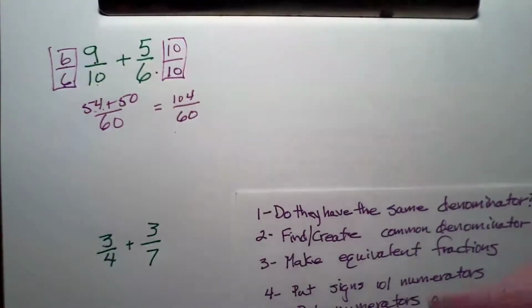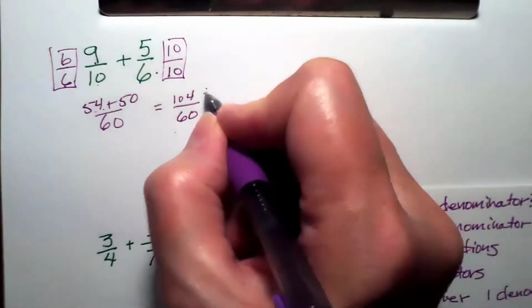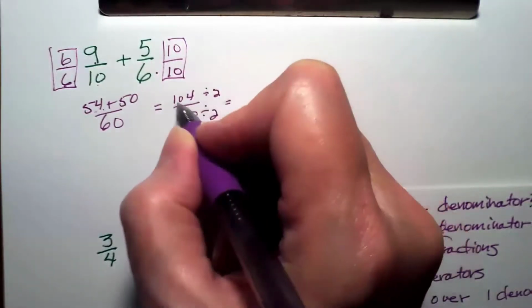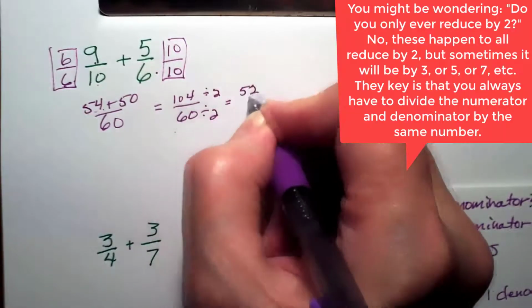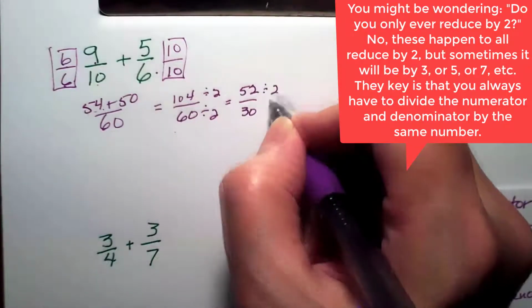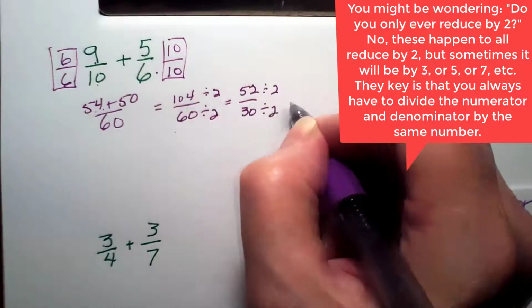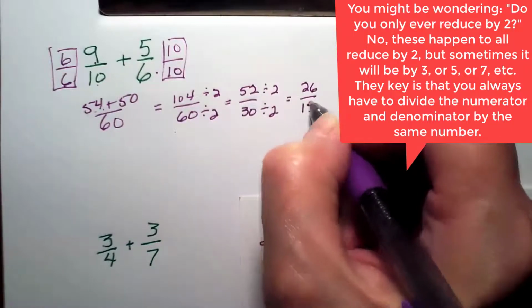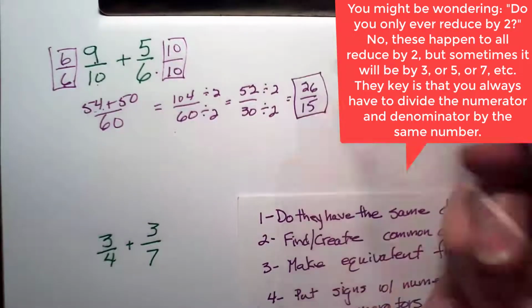Now, this can be reduced. So I could divide by 2. And I'd get 52 and 30. I could divide by 2 again. And I'd get 26 and 15. And then that would be reduced as far as I could go.